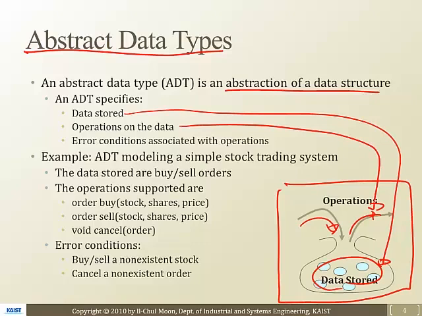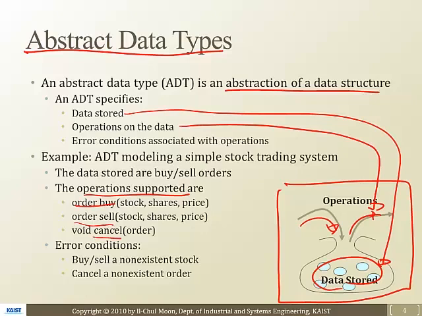So, for example, the abstract data type modeling of a simple stock trading system. The data stored are buy and sell orders, right? We put in buy or sell orders, and this order information is stored somehow. The operations to support this system are order buy, order sell, cancel, and so forth.